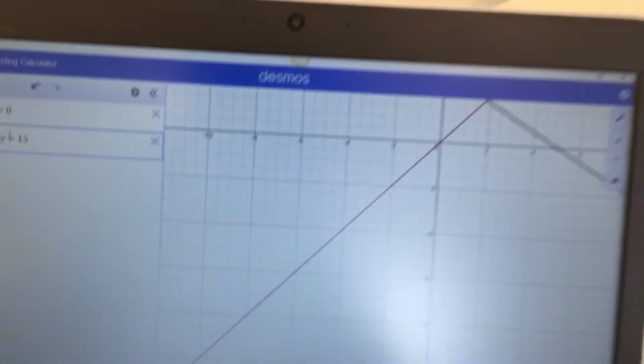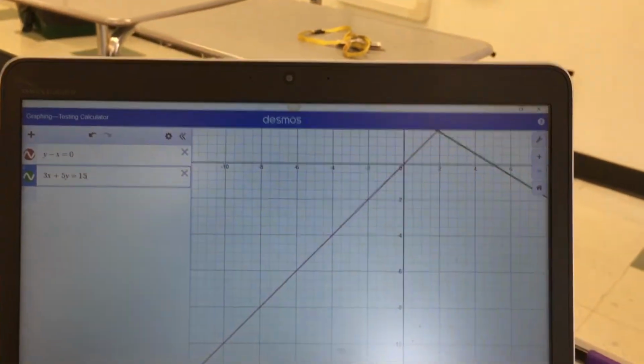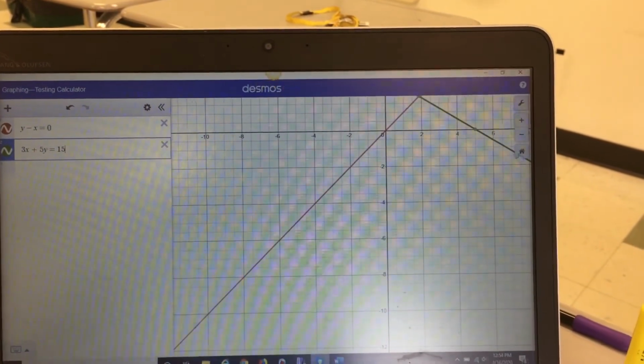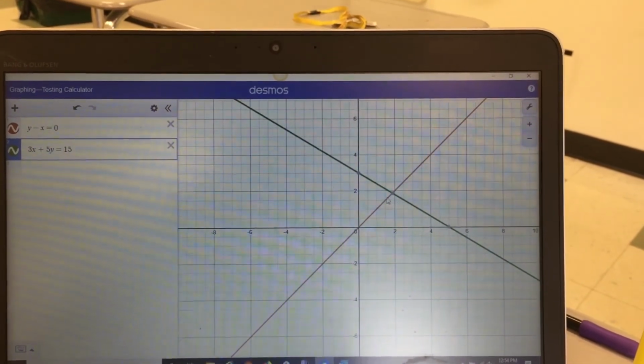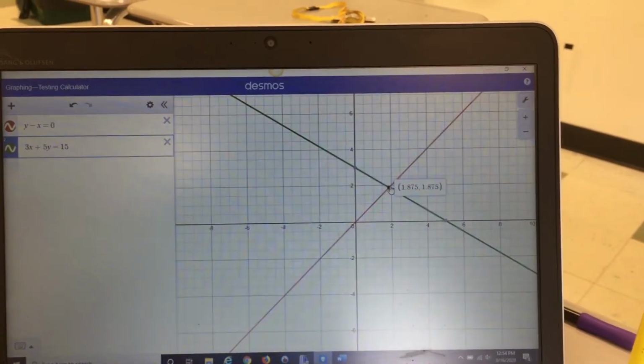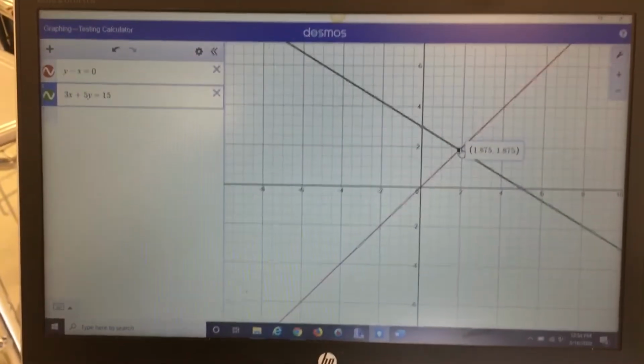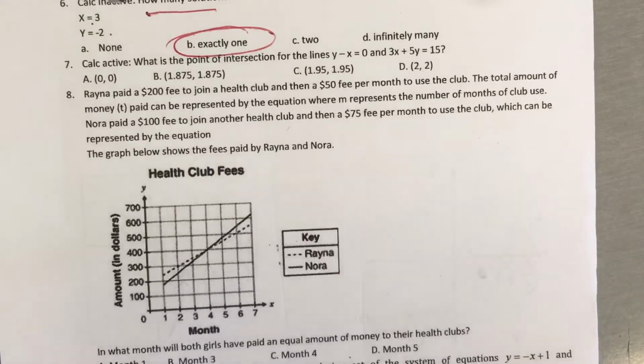All right, I've typed them into Desmos. I'm going to hit the house over here, and these intersect at 1.875, 1.875. So that is answer choice B again.